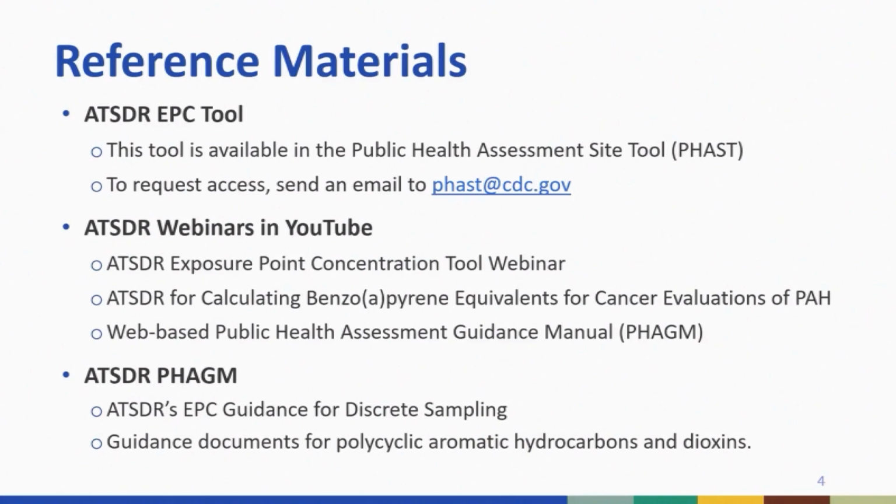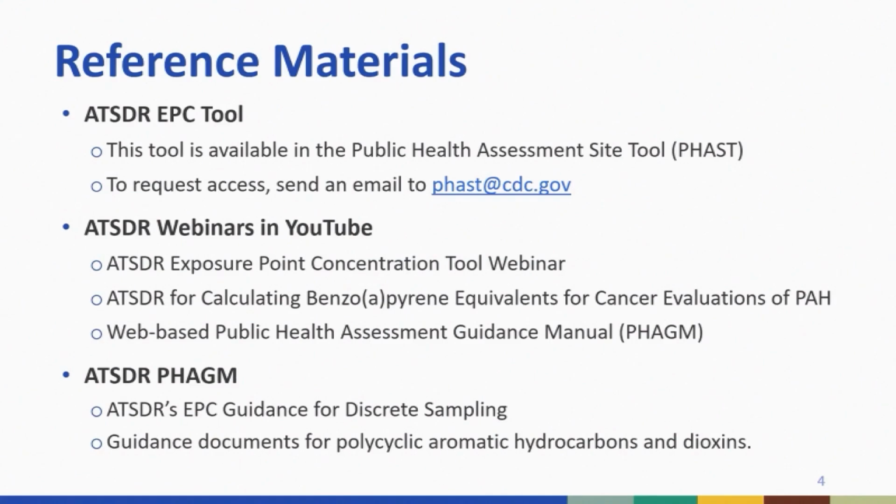There's also a webinar on navigating ATSDR's online Public Health Assessment Guidance Manual, or PHAGM, which contains lots of useful information about ATSDR's PHA process and includes links to ATSDR guidance documents that form the basis of the EPC tool.